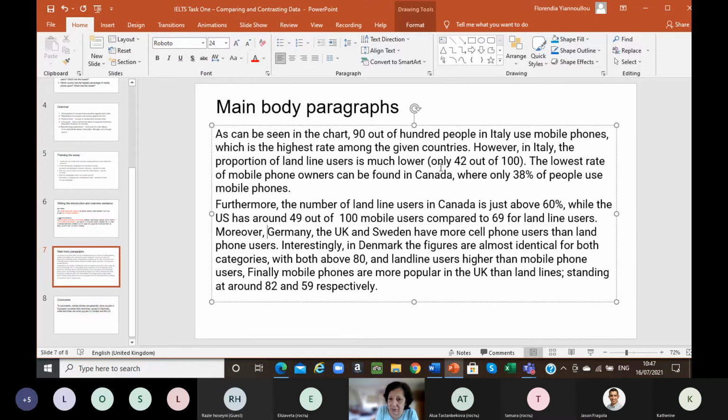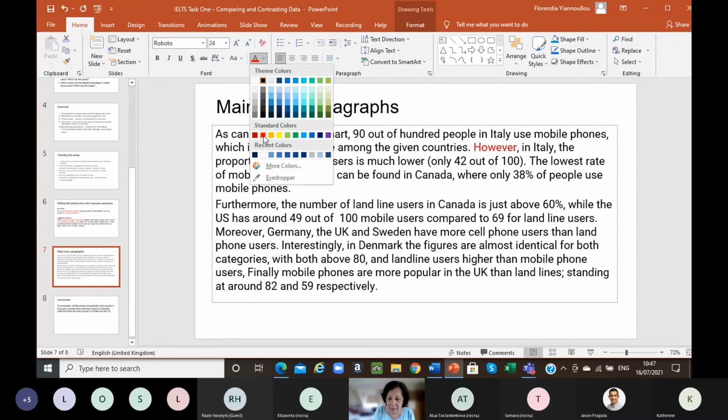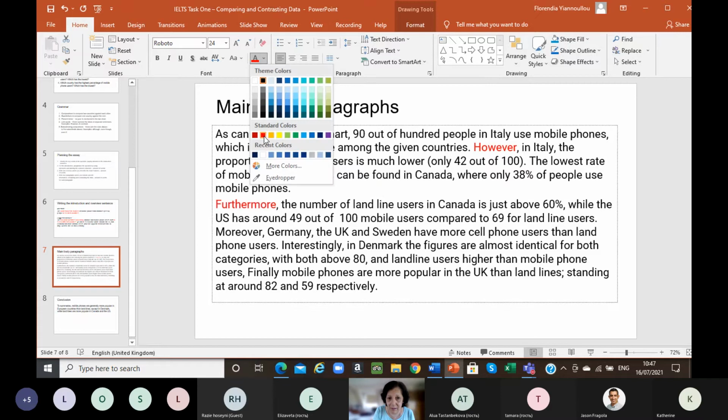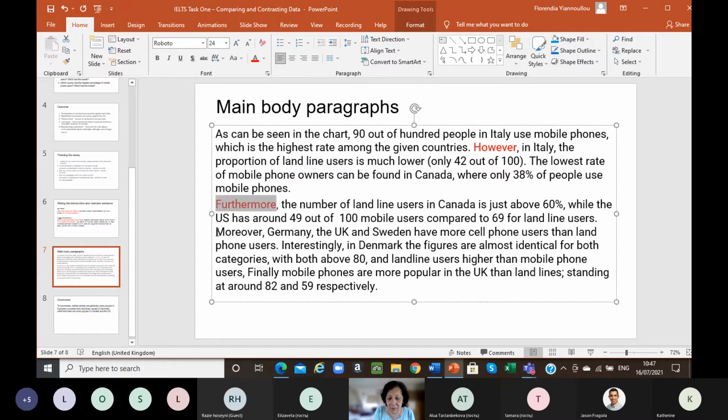You can use that, or mobile phones, than landline users. Interestingly, now that's another link word. So far in these two paragraphs, I've got however there, I've got furthermore here, I've got moreover there.